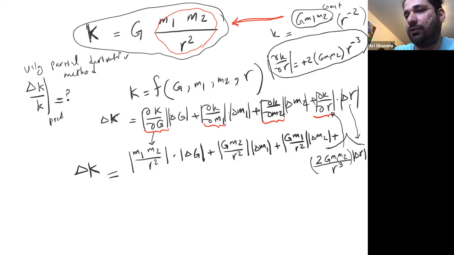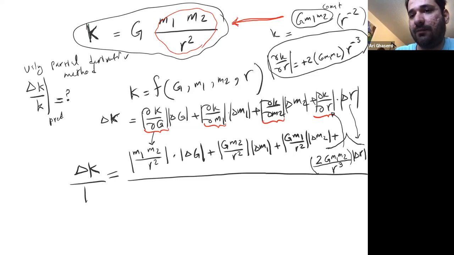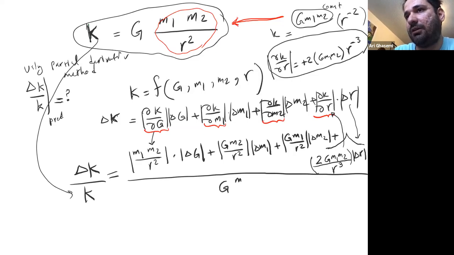And if I want to divide this by K, I need to use this K in the bottom. So let's put it here, G M1 M2 over R squared. Now simplify. What do I get if I expand and simplify?